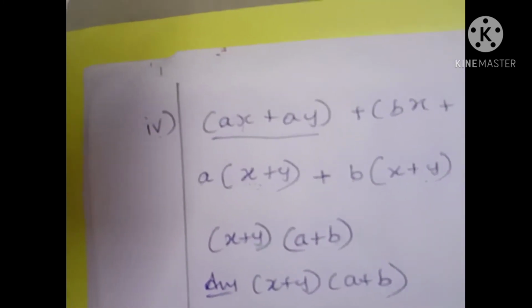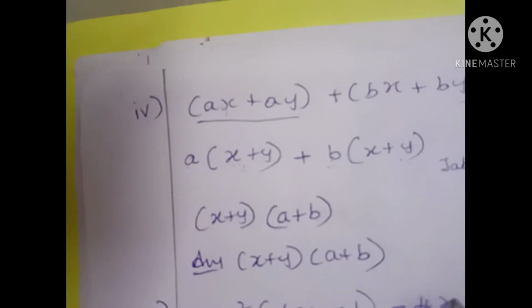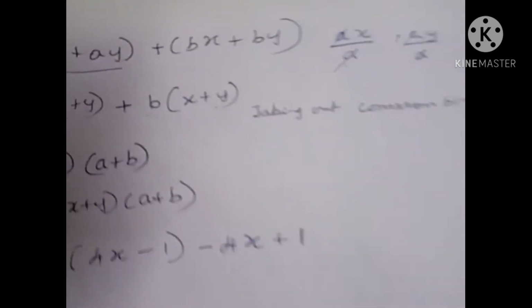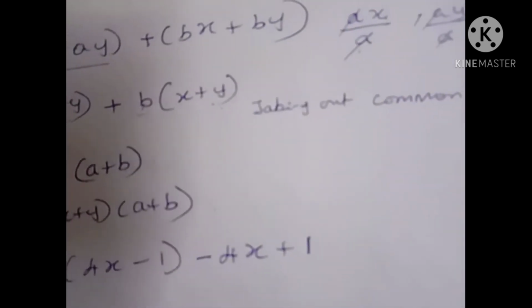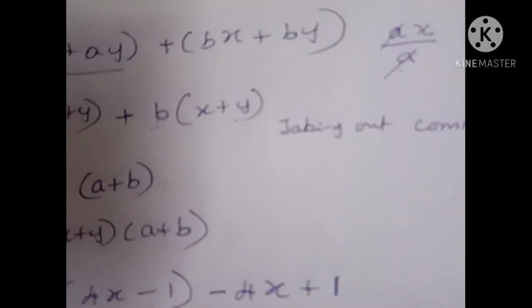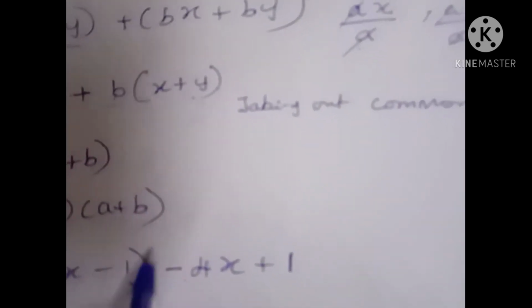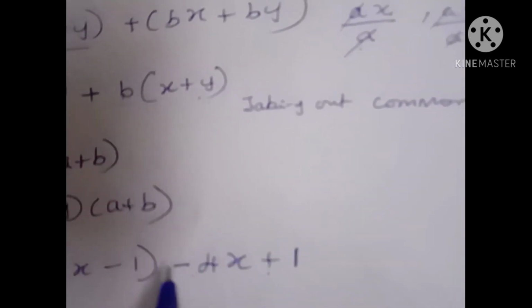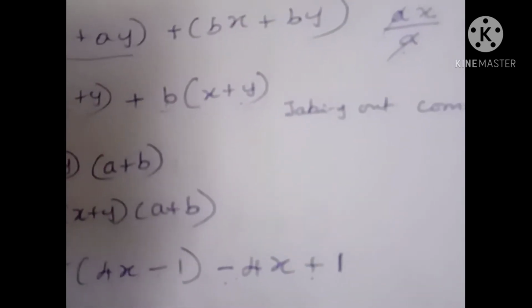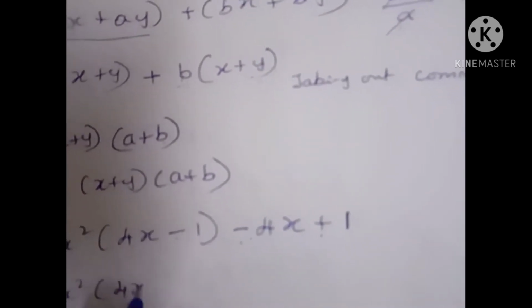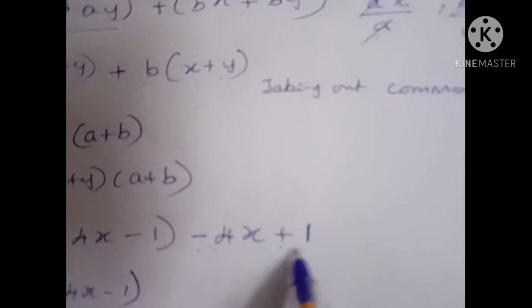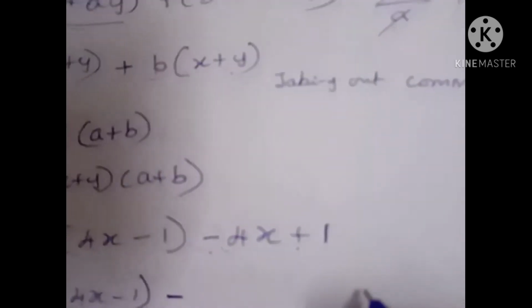Here 4x minus 1 minus 4x plus 1. So now if you see the expression, here 4x minus 1, but here they have given us minus 4x plus 1. So you have to take the minus as common. While taking minus as common, only for this term I am telling.